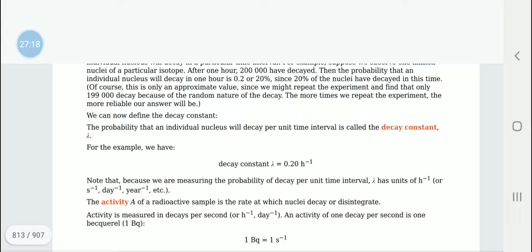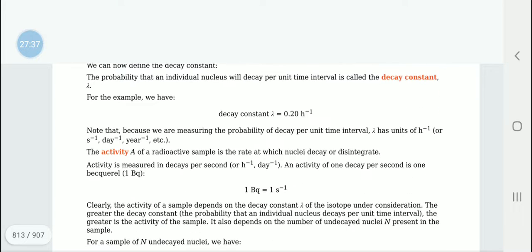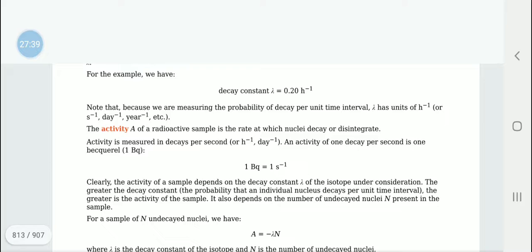As a result, we have a decay constant of 0.20 per hour, 0.20 h^-1. Leave a line and write: decay constant can have units per second, per hour, per day, per year, etc.